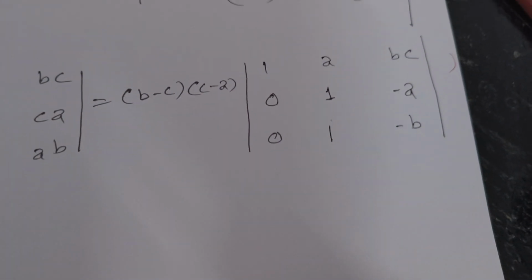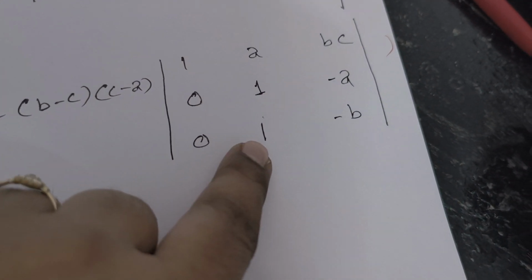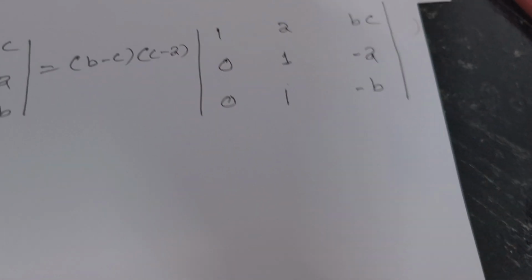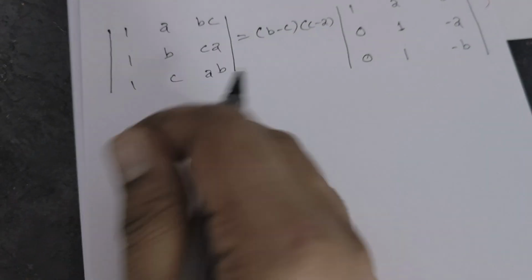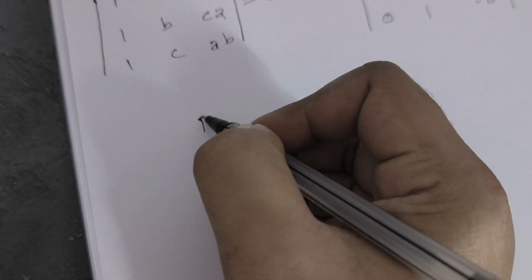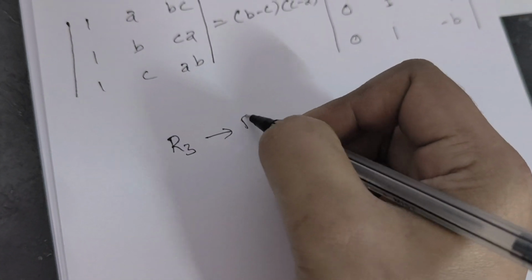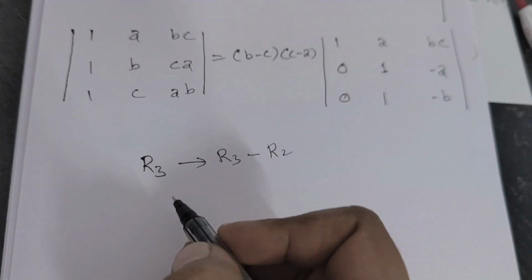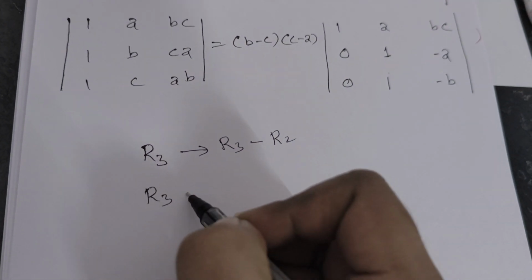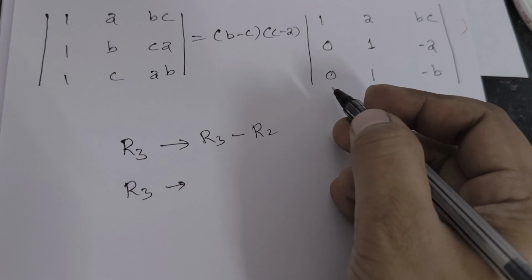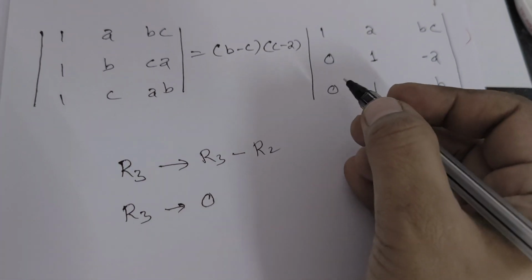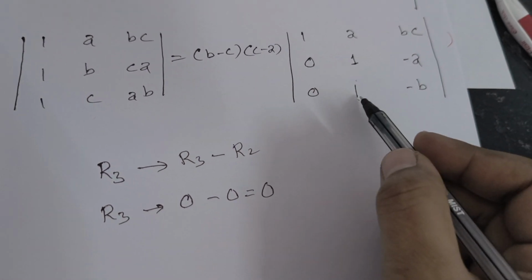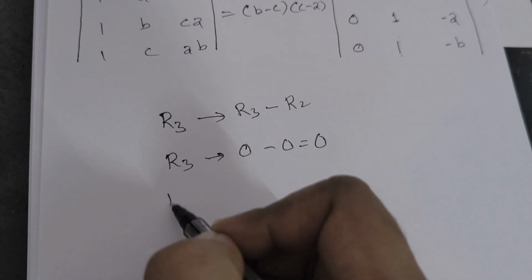Now we have to make this value equal to 0. So we perform R3 minus R2. R3 first term 0, R2 first term 0, 0 minus 0 is 0.